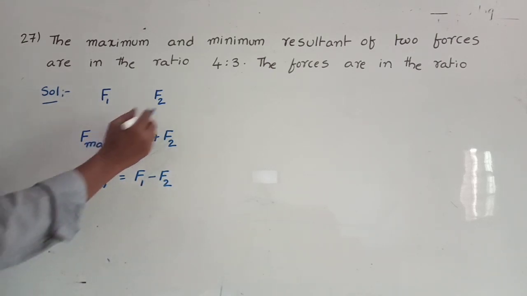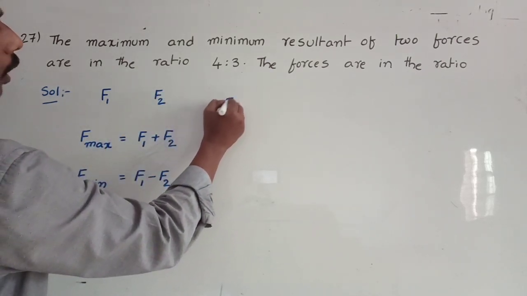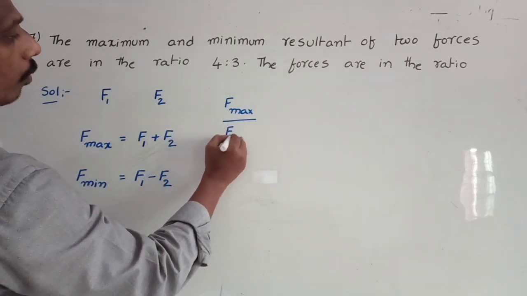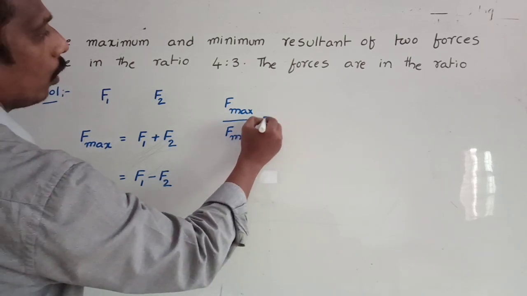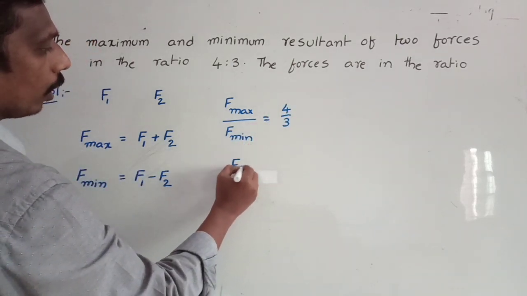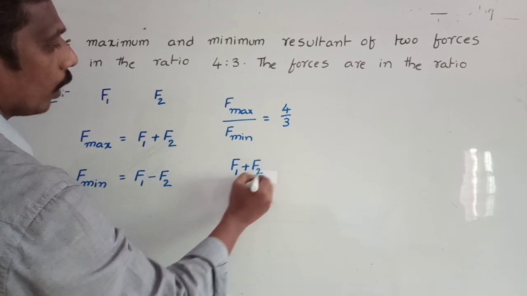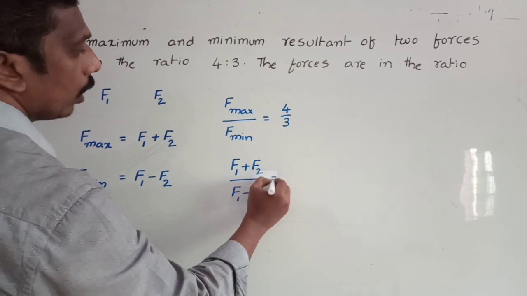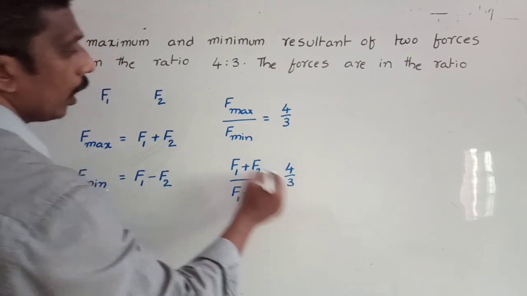Here they have given the maximum and minimum ratio. F maximum to F minimum is equal to 4 by 3. Maximum F1 plus F2, minimum F1 minus F2, that is equal to 4 by 3.